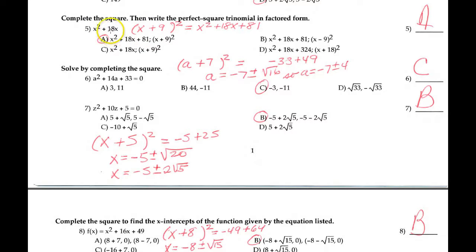Half of your B term, which is 9. Now you square 9, and you get 81. So this would be the form of the perfect square trinomial that if you factored this, would factor into that. And that happens to be letter A.